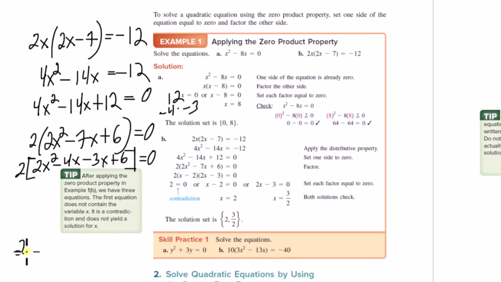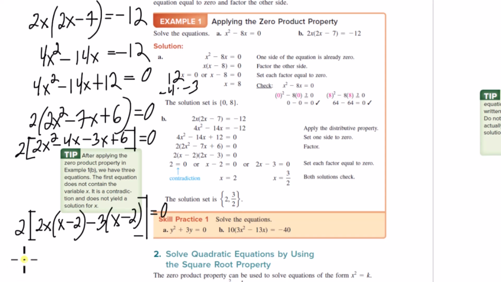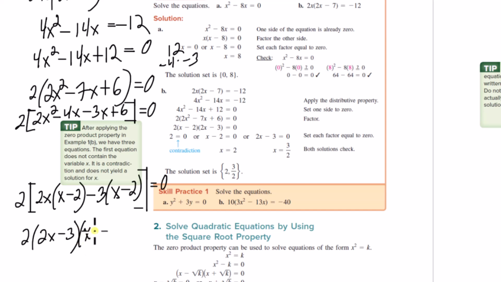Now the grouping is going to work, right? Because 2 times 6 is positive 12, minus 4 times minus 3 is positive 12. So take out a 2x here. You have x minus 2. Now take out a minus 3 here. You've got x minus 2 is equal to 0. So we've got 2 times 2x minus 3 times x minus 2 is equal to 0.